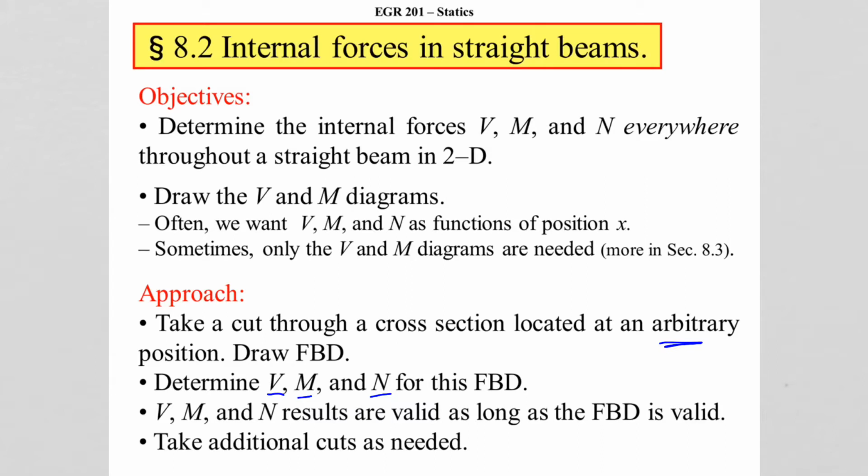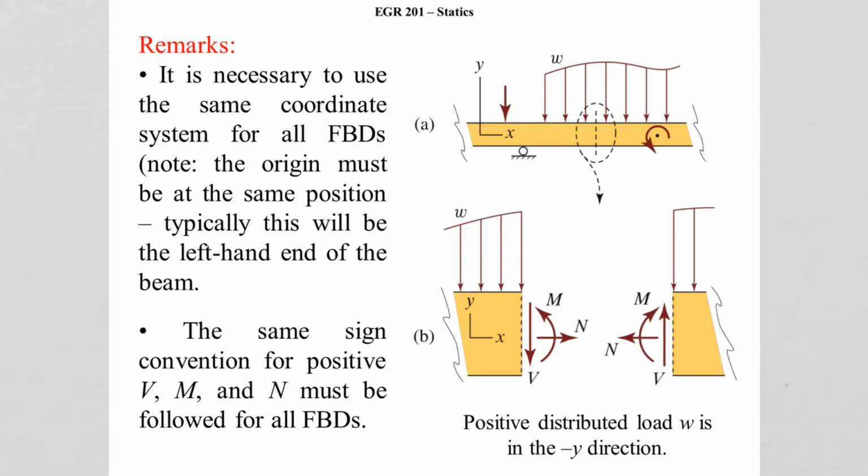Typically, when we see changes in forces, either external forces or reaction forces, we want to know what's happening on either side of those changes. So while it's arbitrary, it can be arbitrary within those ranges typically, but we want to know what's happening at those locations. So when we do this, we want to, again, know what these values are throughout the whole length of the beam.